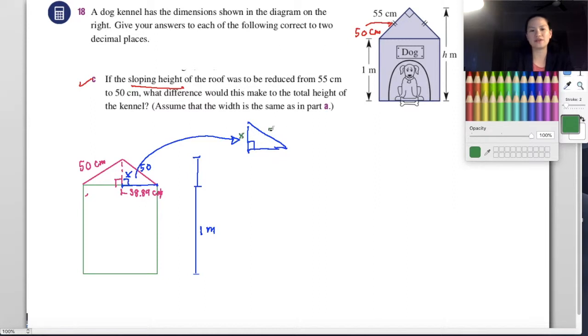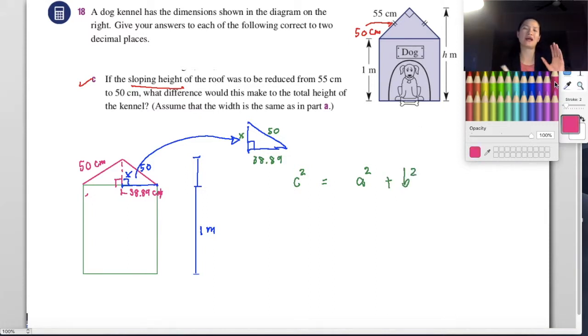We want to find x, with 50 and 38.89. Do you remember our Pythagoras formula? C squared equals A squared plus B squared. Okay, I'll try another method.